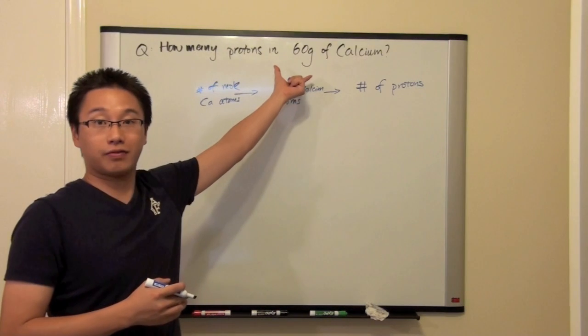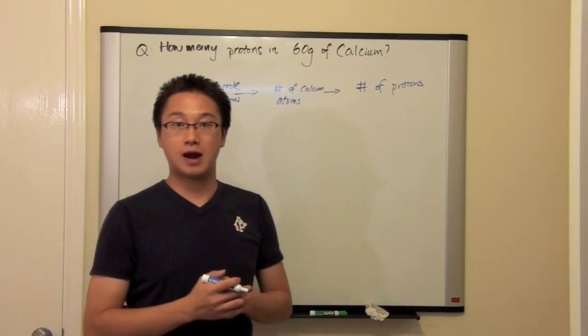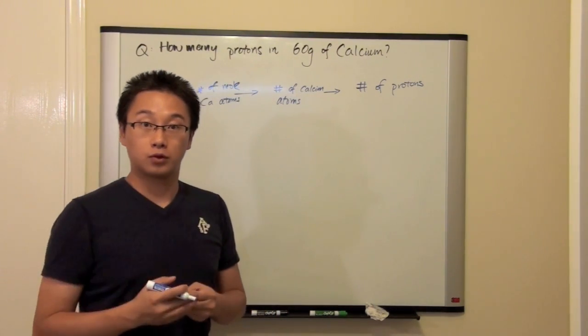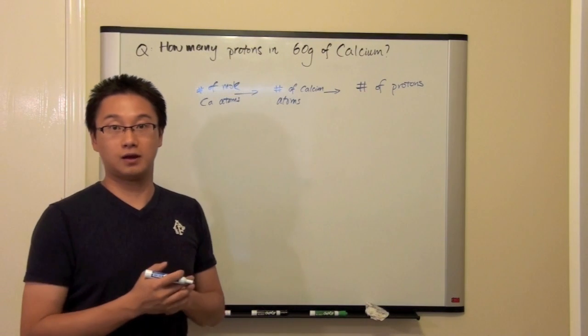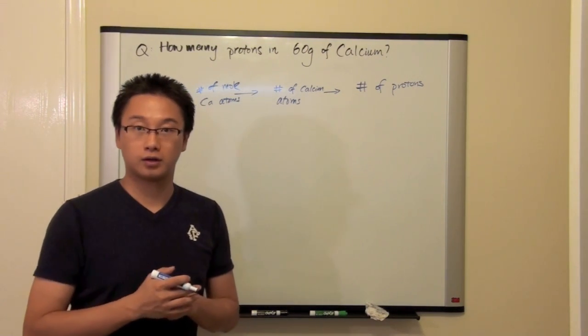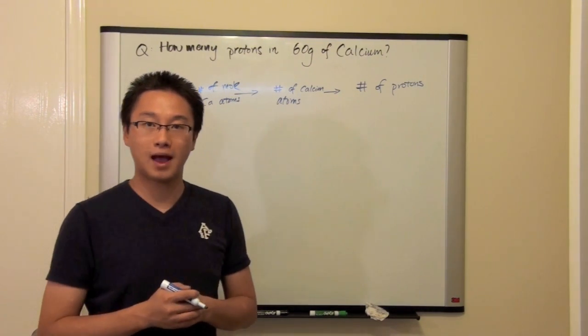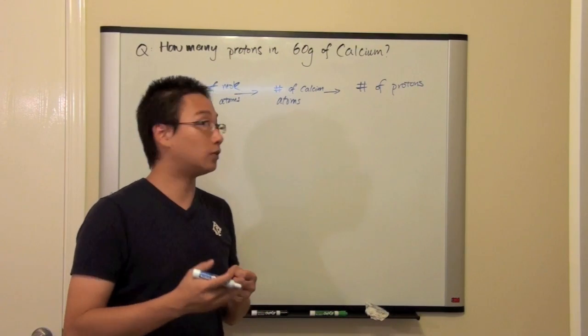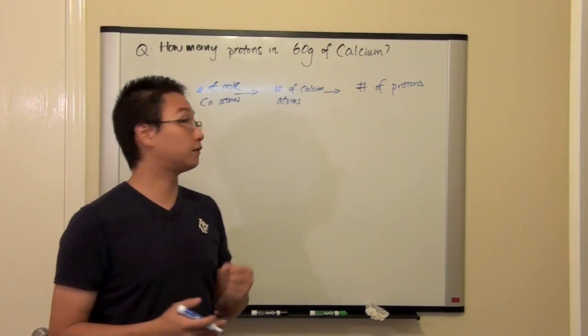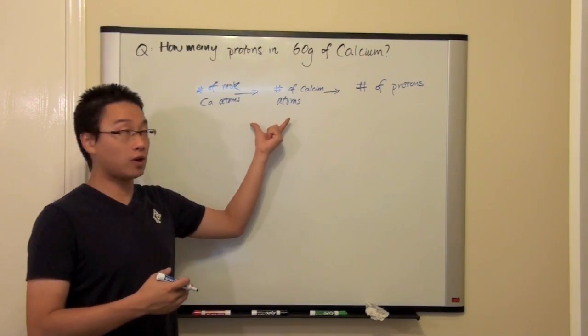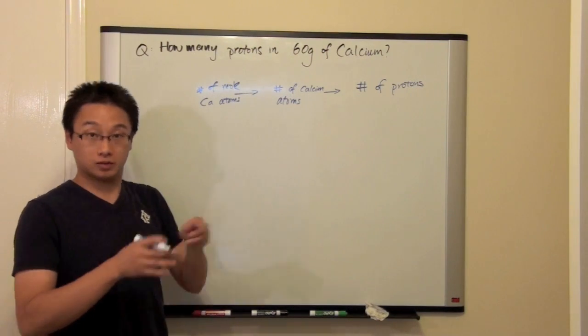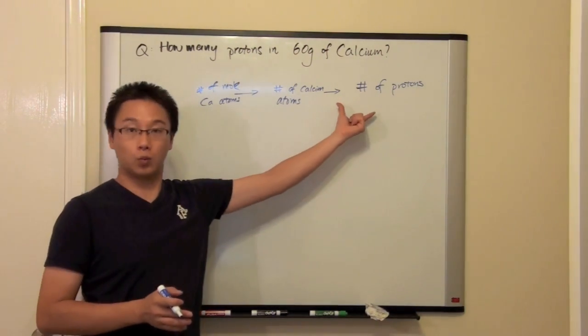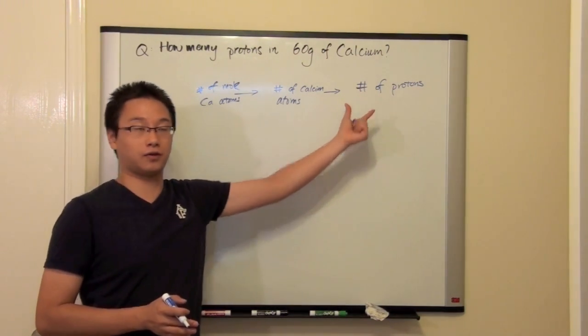Well, you have the mass right there, and if you look at the periodic table, you have the molar mass of calcium, which is around 40. So by the use of molar mass, we are able to find the number of moles of calcium, then the actual number of calcium atoms, and then we will be able to figure out how many protons are there.